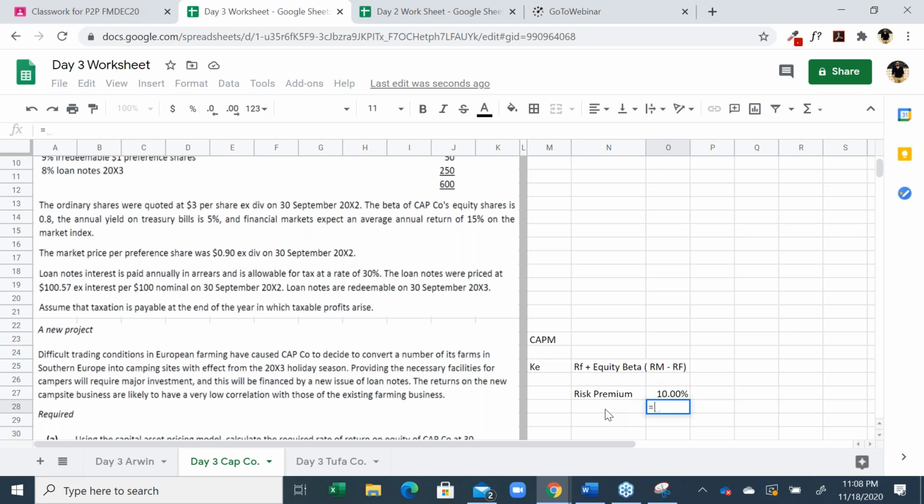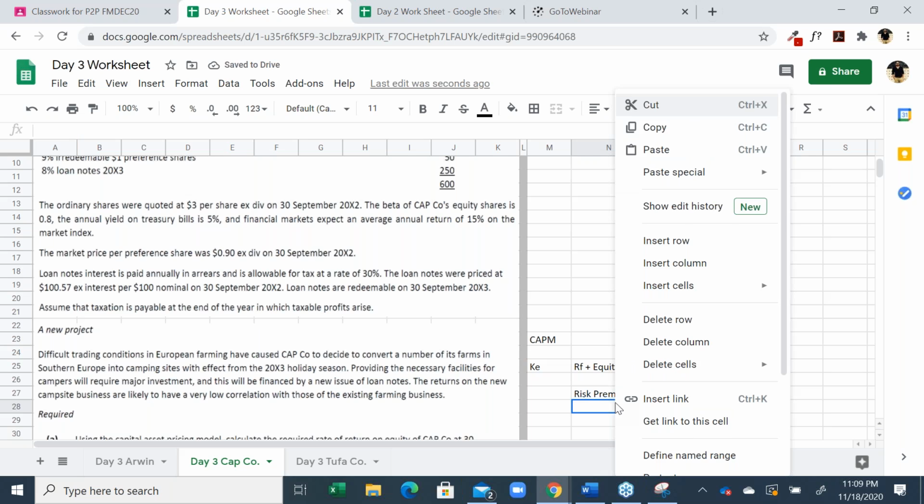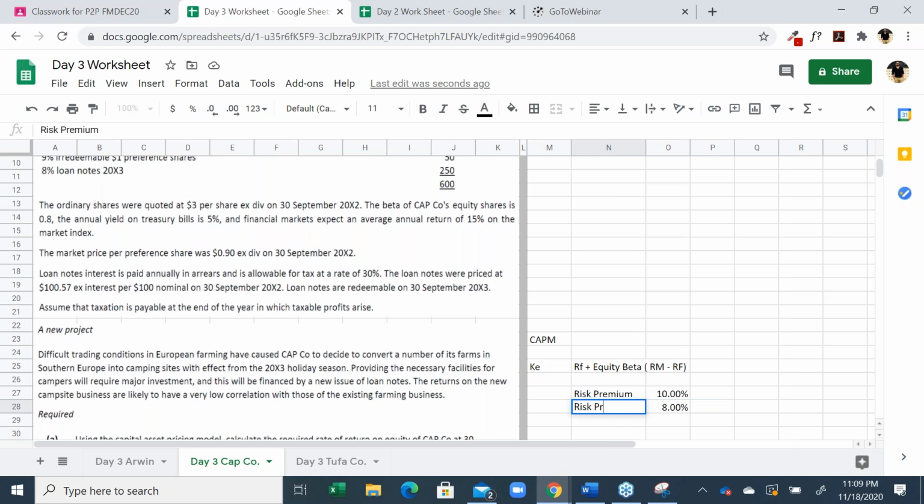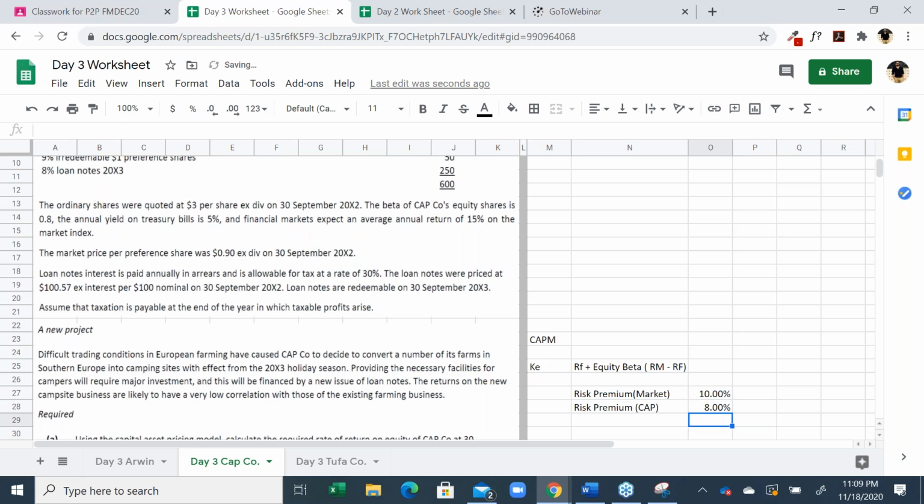So we should expect 0.8 of the risk premium, which is 8%. So anybody investing in the CAPM company will be asking for 8% risk premium, whereas the average premium from this market will be 10%, right?